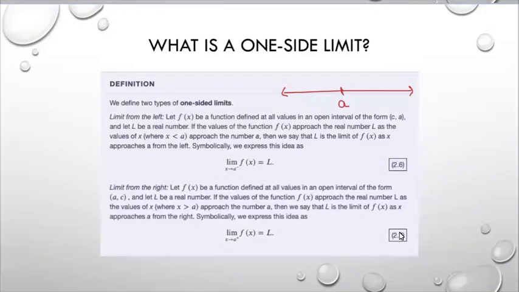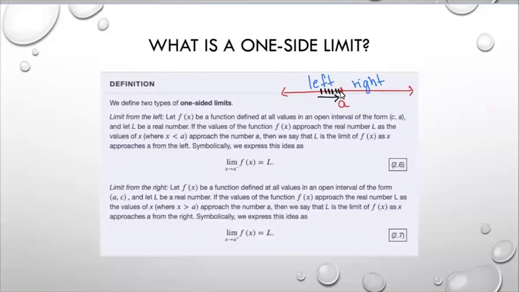So now remember, this is the left of a. This is the right of a, correct? So when we are approaching a from the left, it means that you have to think about an arrow going towards the right. You are making the x values closer and closer and closer to a in this direction, all right?